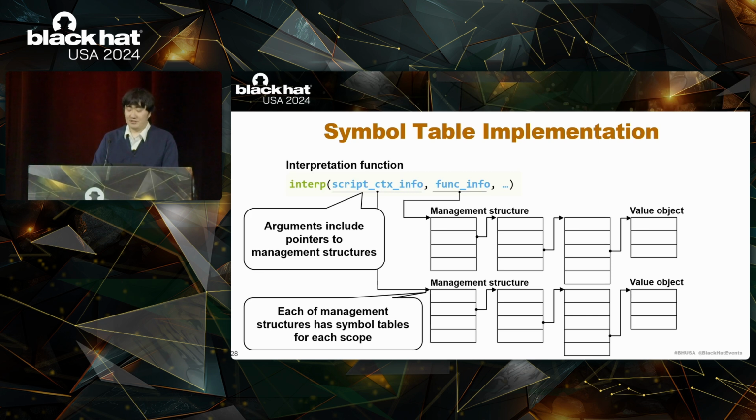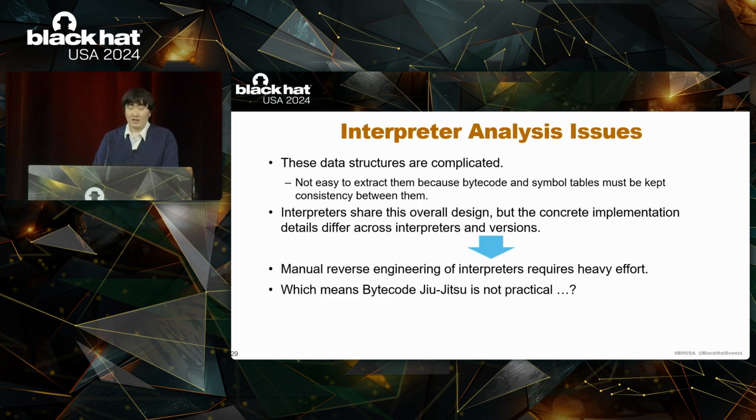Func info represents the currently executing function and includes local variables. So the execution context of the interpretation function is helpful for finding symbol tables and related data structures. That is about the basics of interpreter implementation.